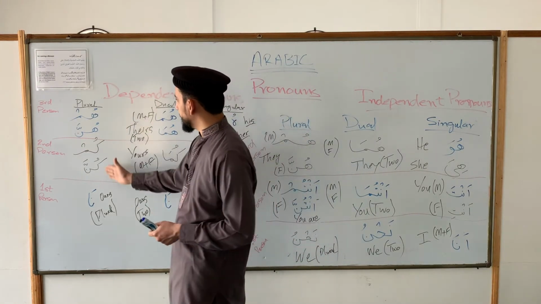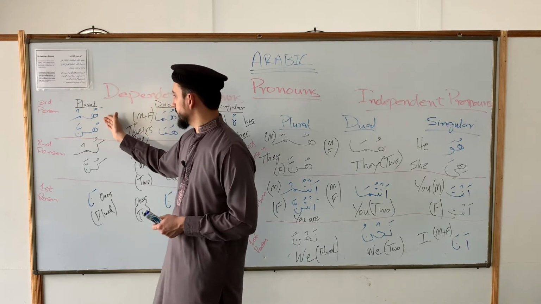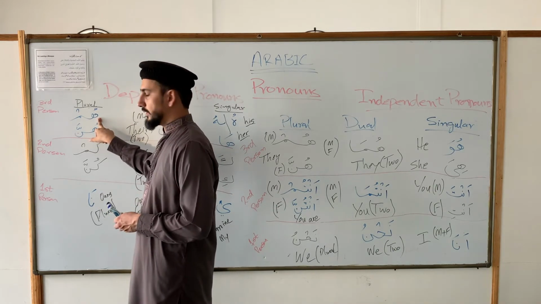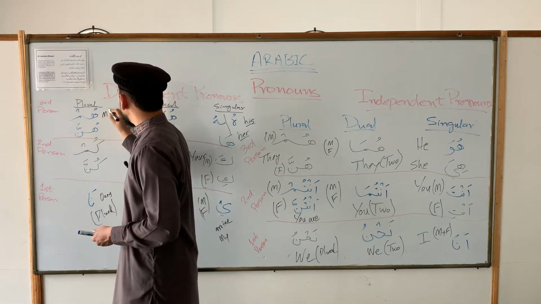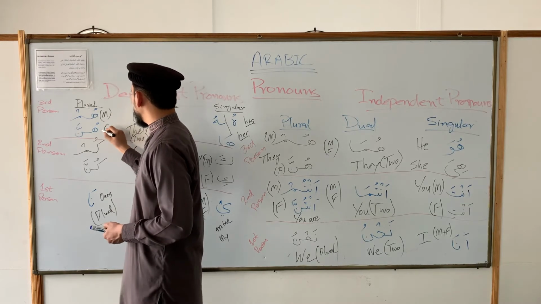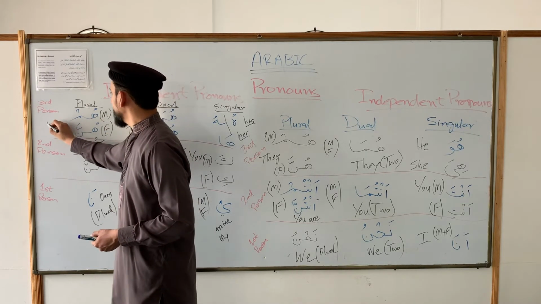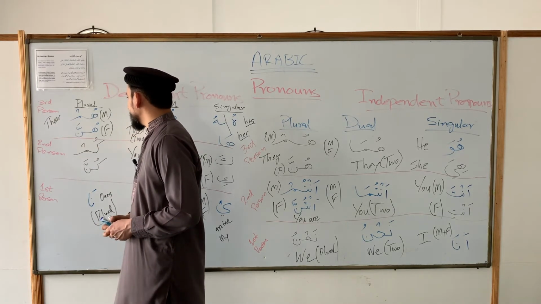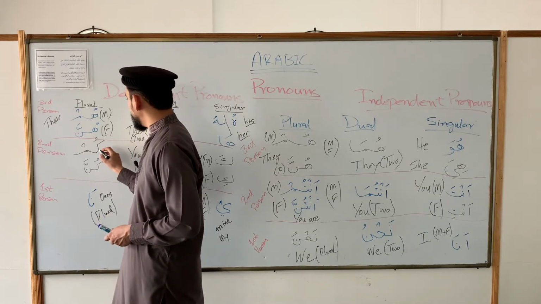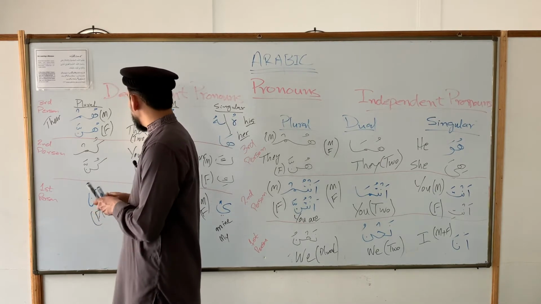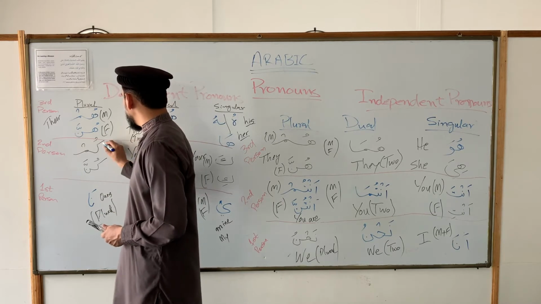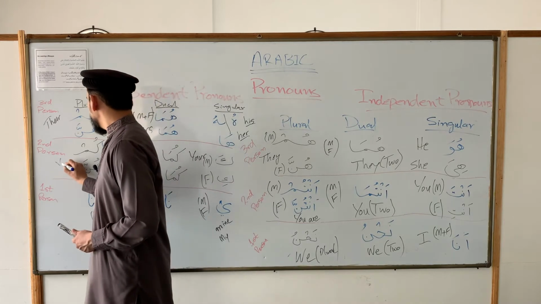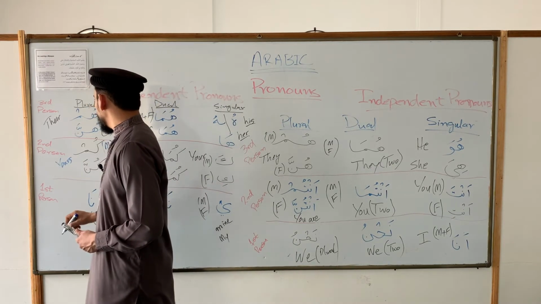Now coming to the last section, the plural in the third person. "Hum" is used for the masculine, and "hunna" is used for the feminine, both meaning their. And "kum" again is for the masculine, and "kunna" is used for the feminine, meaning yours.